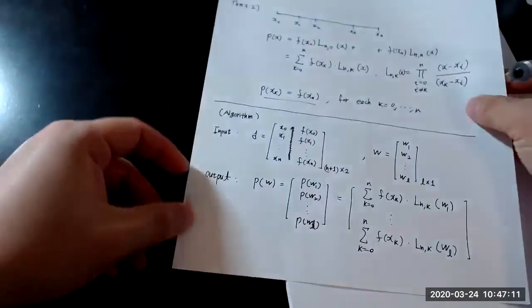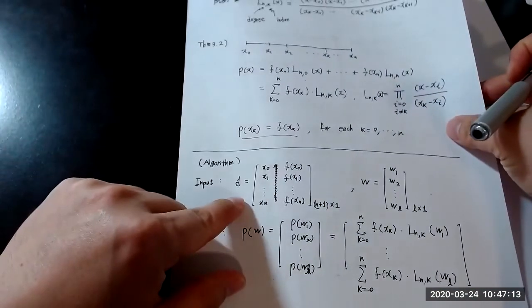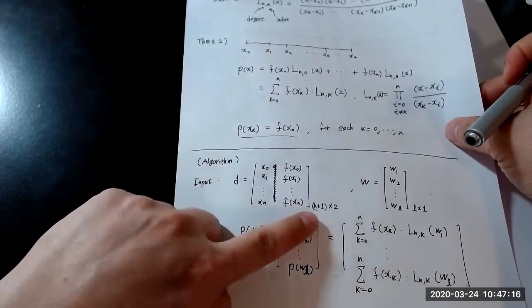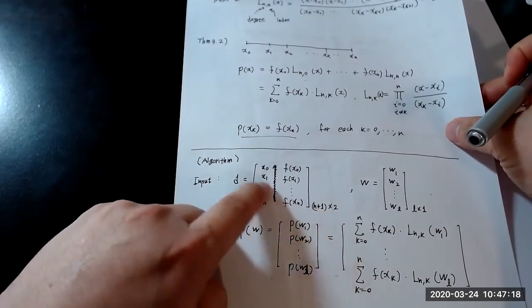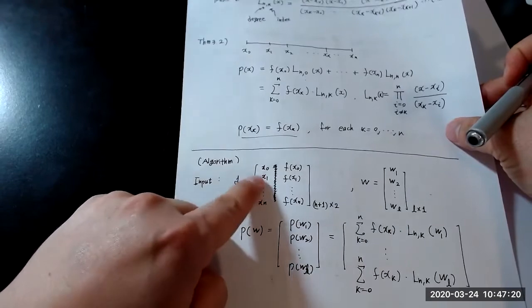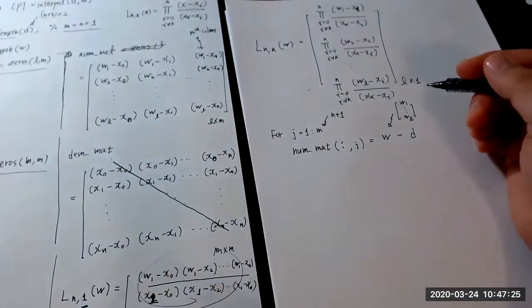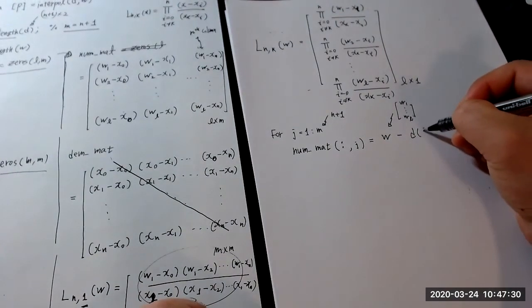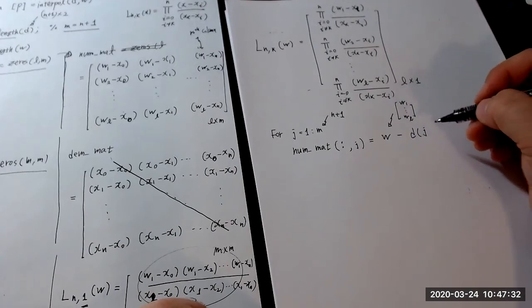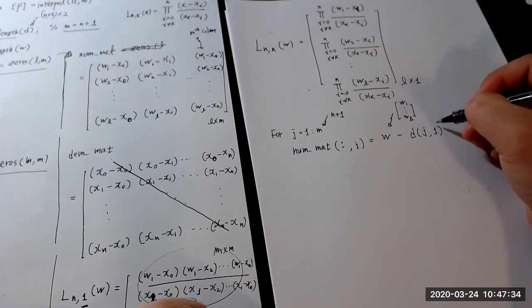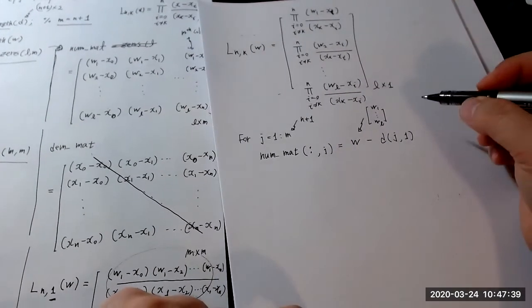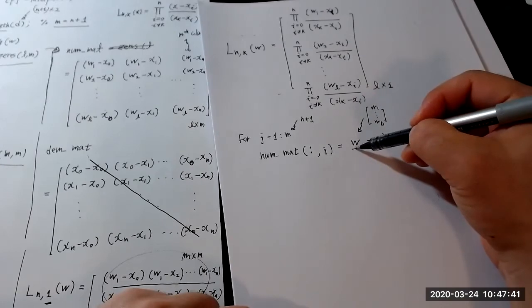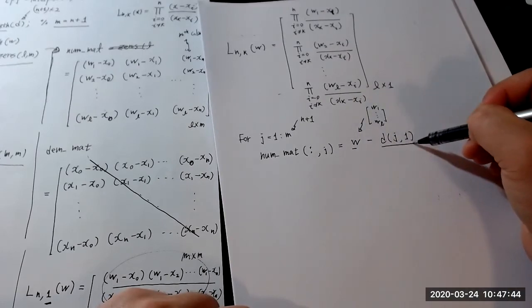D is the input L by M plus 1 matrix, and the first column represents those. So D of J comma 1, the jth row and the first column. You may wonder: W is a column vector, and D(j,1) is just a real number.